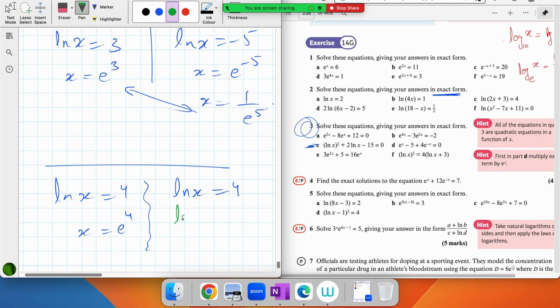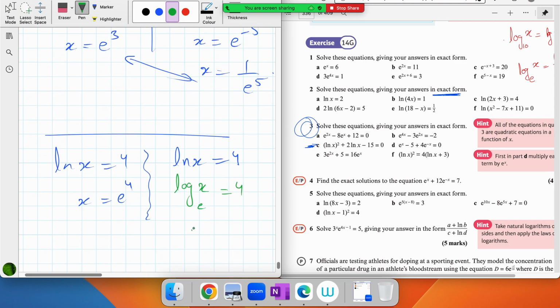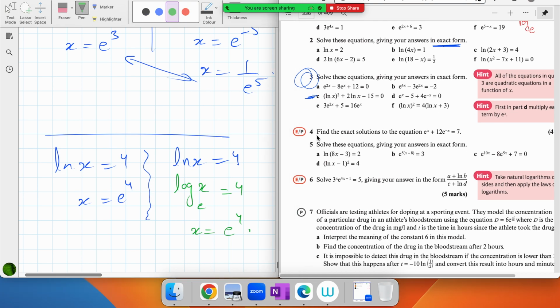This is understood that it is log x to base e is equal to 4. Now when you change this logarithmic to index form, it becomes e raised to power 4. Question number 4.